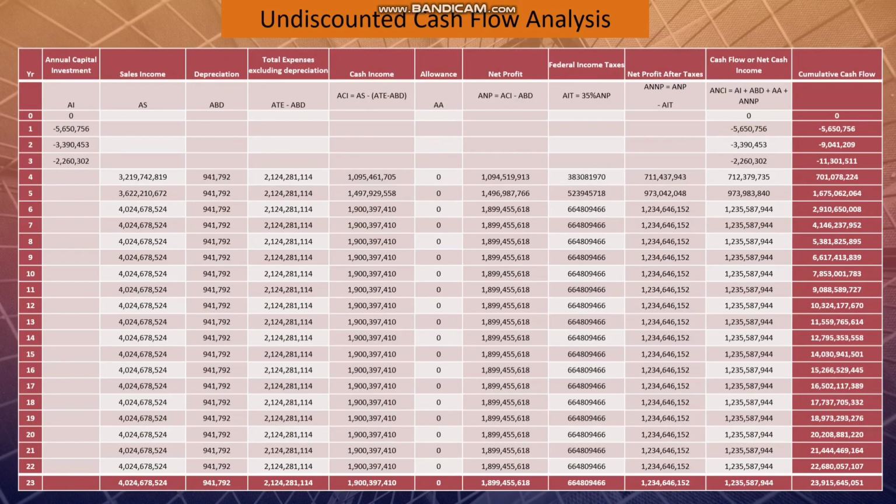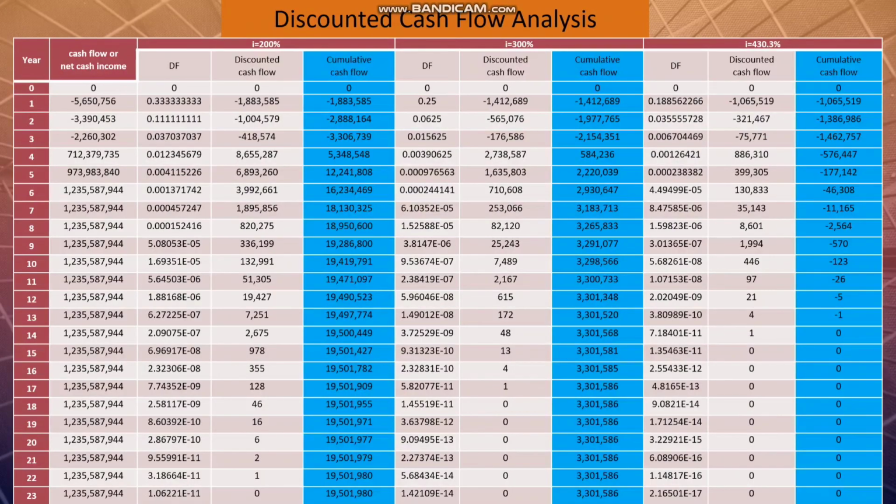The cash flow can be seen at the right side of the table. While this is the discounted cash flow where different discount rates are used, which are 200%, 300%, and 430.3%. The cash flow for respective discount rates can be seen in the blue highlighted data.